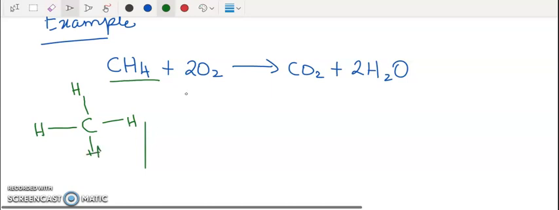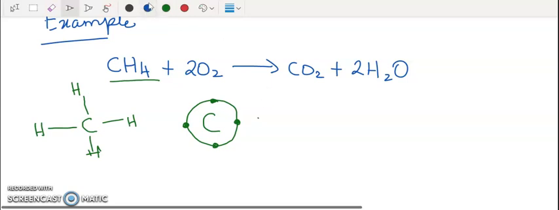So if you don't understand this, it's the same as writing, because carbon has four electrons in its outermost shell. You have one here, four electrons in its outermost shell. Hydrogen has one electron, so it needs one more to complete its outermost shell.